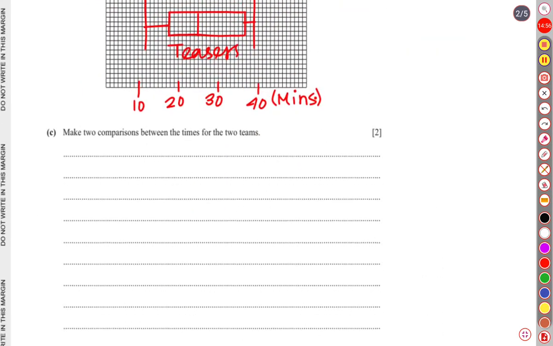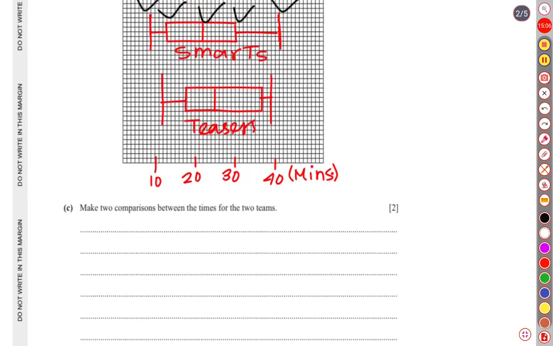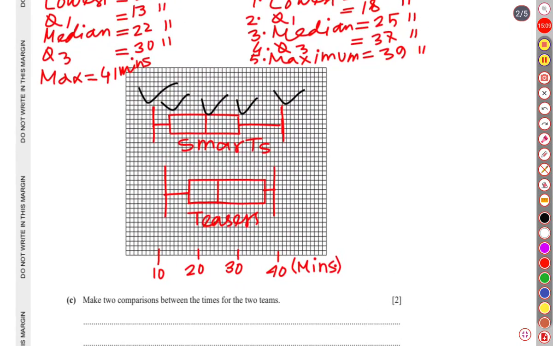After that, we are going to move on to the immediate next question, which says make two comparisons between the times for the two teams. Look, it's very confusing. Actually, there is no precise information from the box and whisker plots, as we can extract exact information from other statistical displays like a histogram or frequency table. Here we can assume by looking at the median.